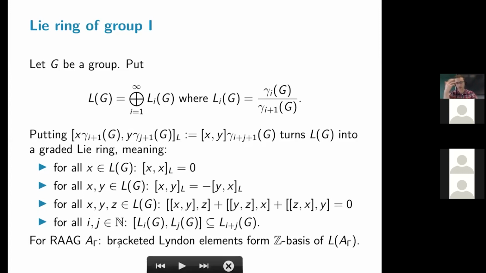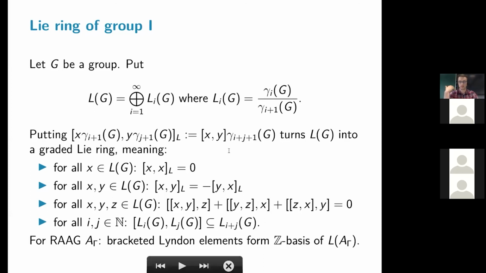And as we saw before, if you take a right-angled Artin group A gamma, the bracketed Lin elements will form a Z basis of this Lie ring. A Z basis as Z module, not necessarily as a Lie ring, so with the bracketing operation, but we have already a basis of this Lie ring.